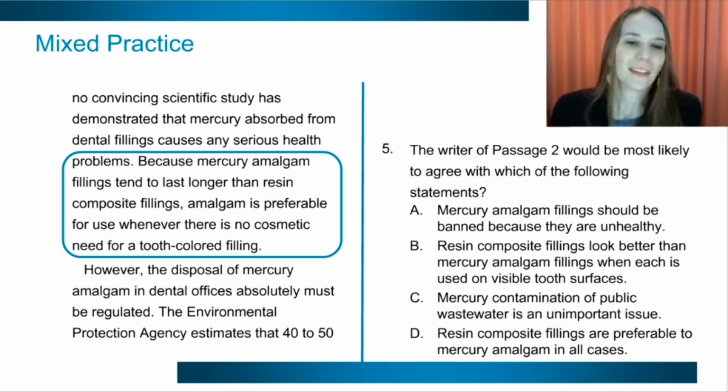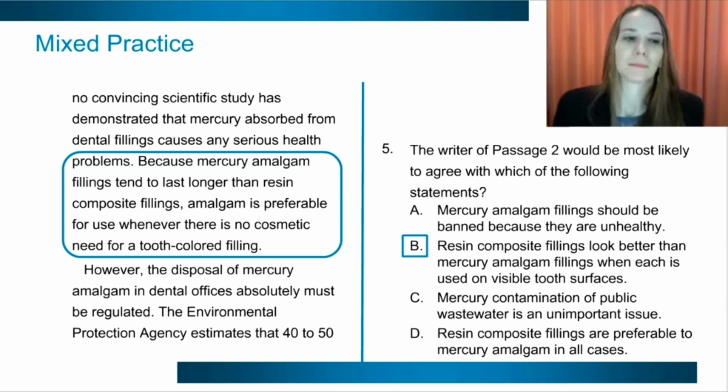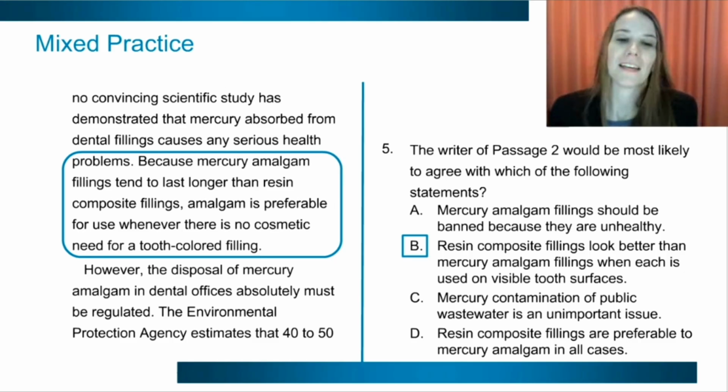So based on this, author 2 would likely agree that these resin composite fillings look better, particularly when they're on a visible tooth surface. That's because the author says that's the reason to use a resin composite. So these composite fillings are best when there is a cosmetic need. A cosmetic need would arise if it was going to be seen on a visible tooth.